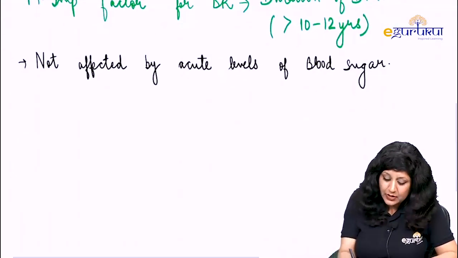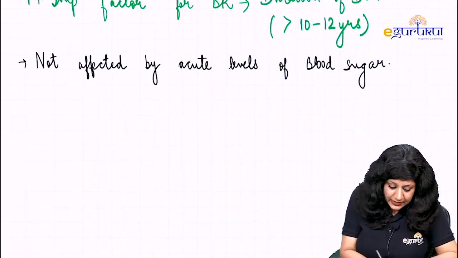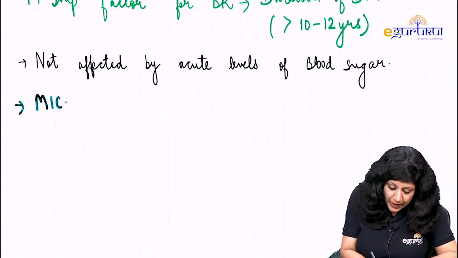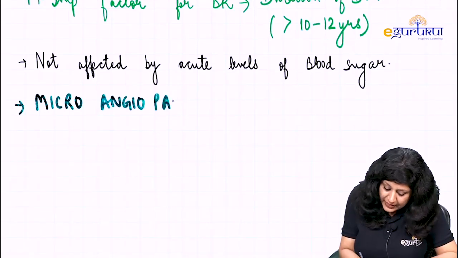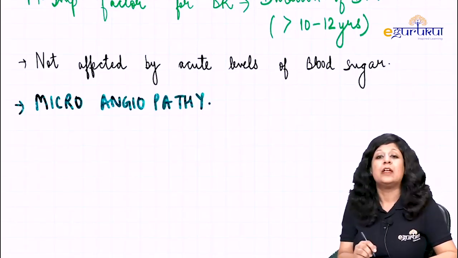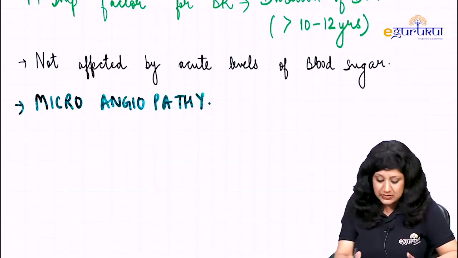Okay. Now, another important thing is that it is actually a microangiopathy. Diabetic retinopathy is a microangiopathy.